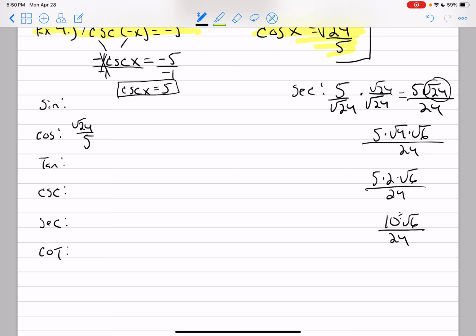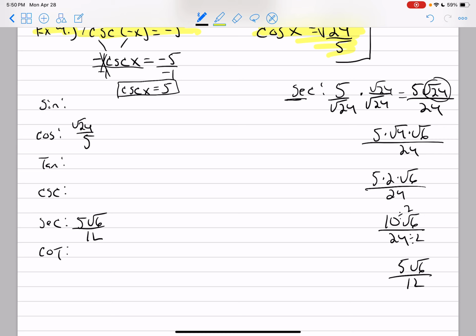What are we going to divide by? 2. So we have 5 root 6 over 12. Can't forget that: secant is 5 root 6 over 12. So I know cosine, I know secant.